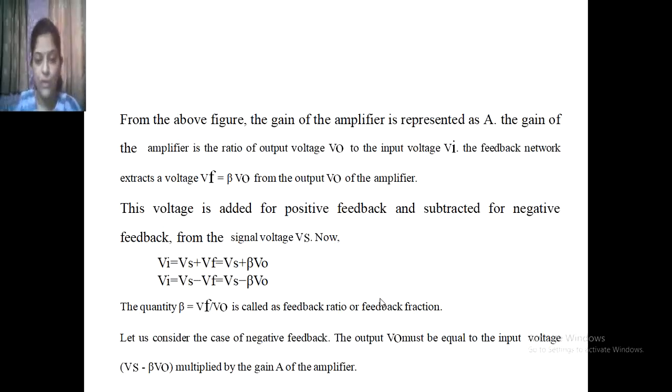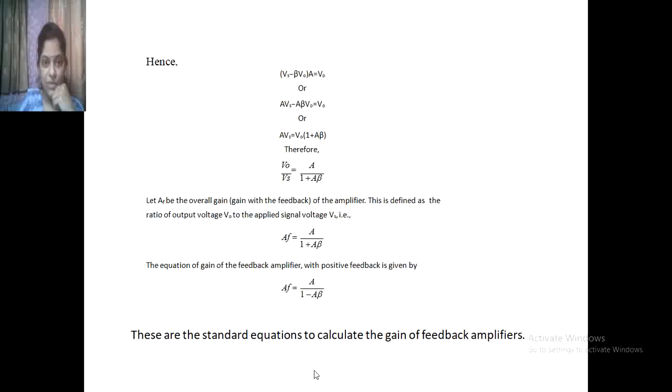So let us consider the case of negative feedback. The output V0 must be equal to the input voltage multiplied by the gain A of the amplifier.